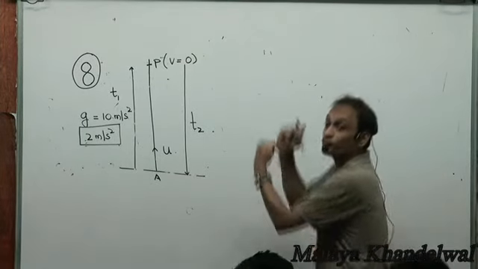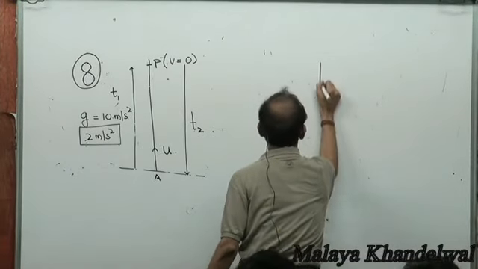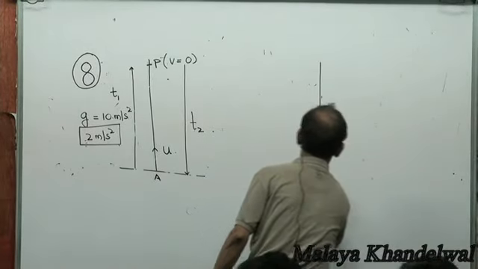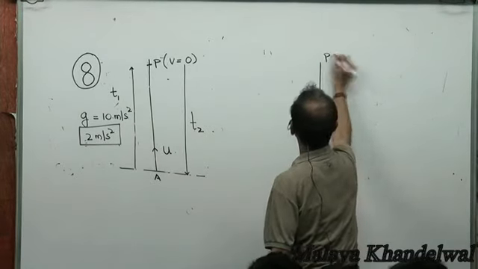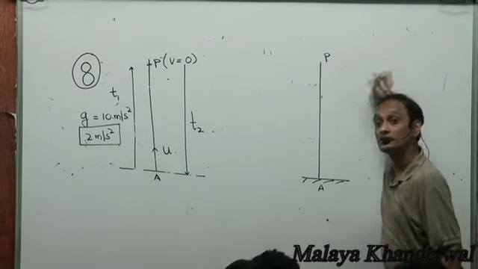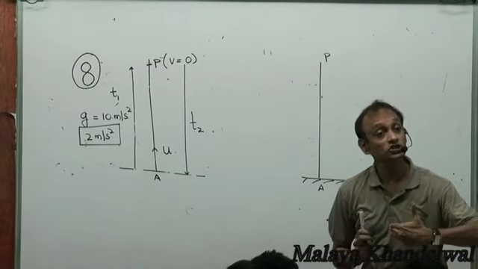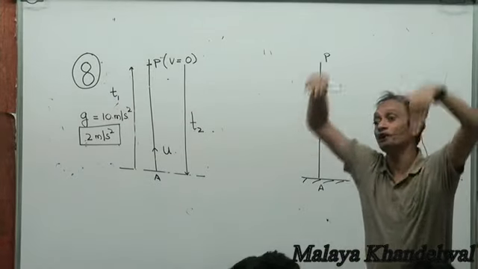Now, when it's going from A to P, P is the highest point because the velocity has become 0. If its velocity had not become 0 at that point, it would have gone up further.